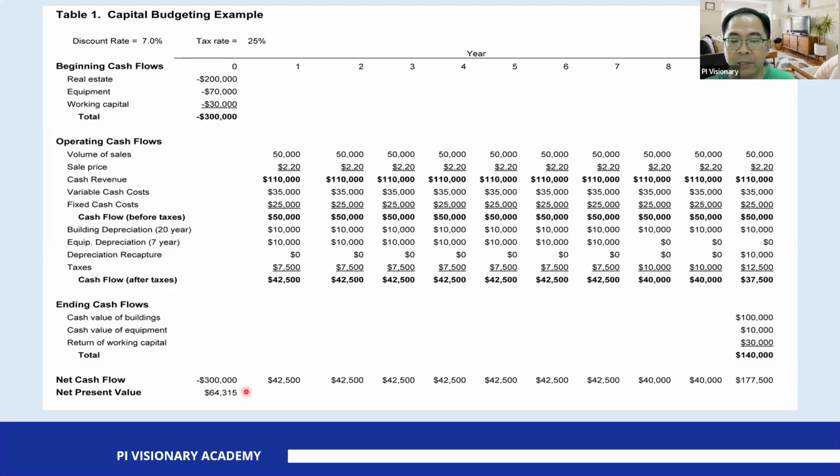Then if this is positive, this is a good investment financially. Okay, financially. If negative, which means no good. Negative means no good. Positive means good. This is how to read the net present value.